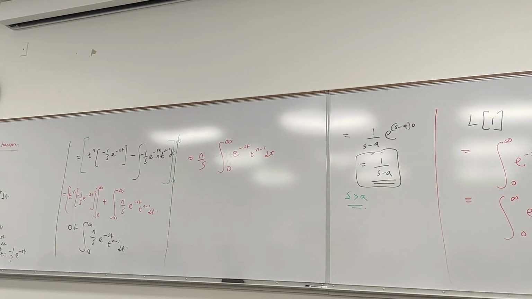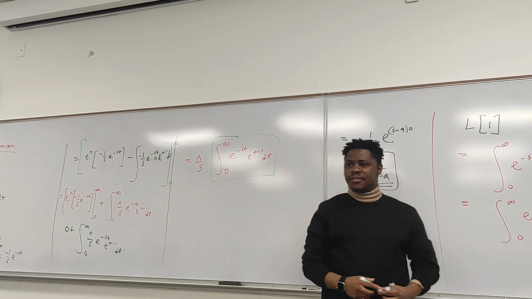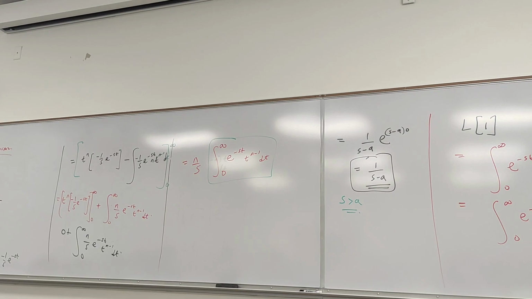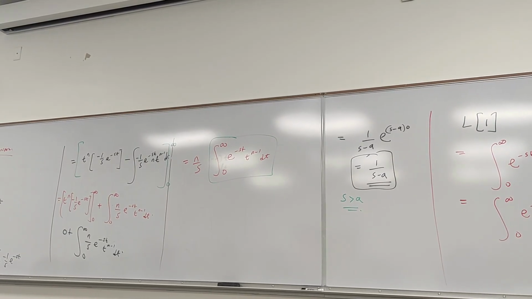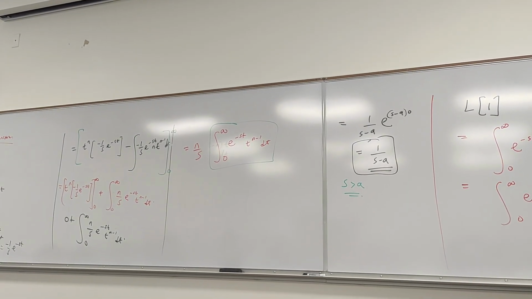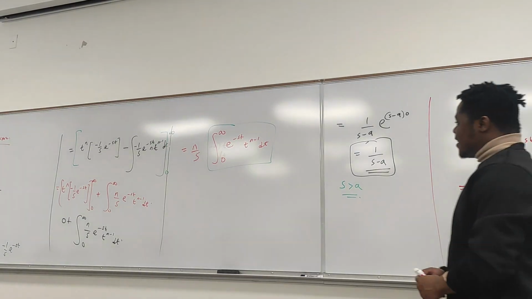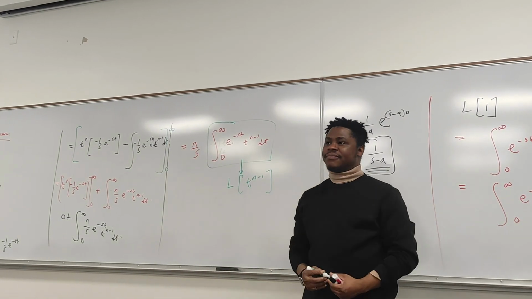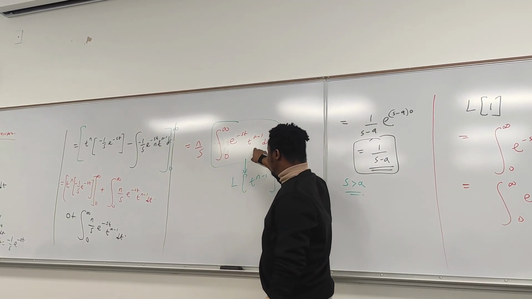What do you think this is? Look at this well and tell me what do you think it is. Everything here, what can you replace this with? This is the same as Laplace of t to the n minus 1, because Laplace of t to the n minus 1 is the integral from 0 to infinity of exponential minus st t to the n minus 1 dt.